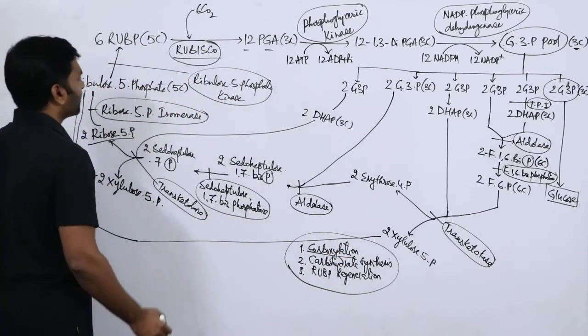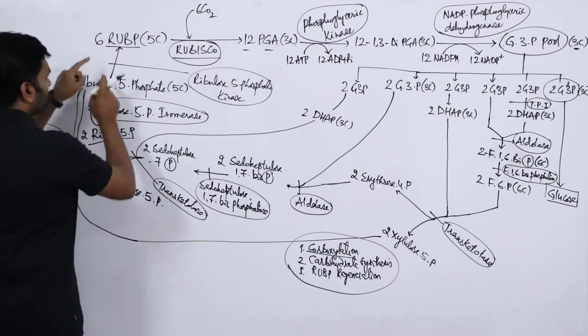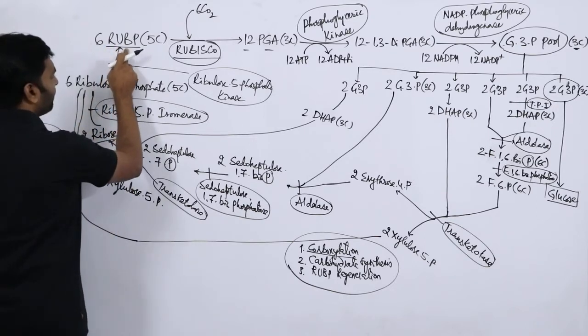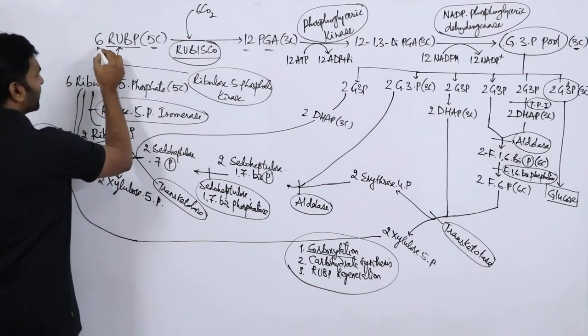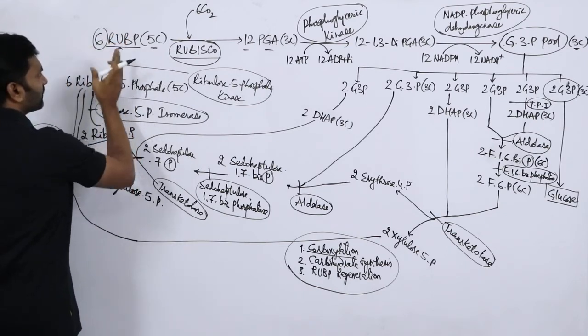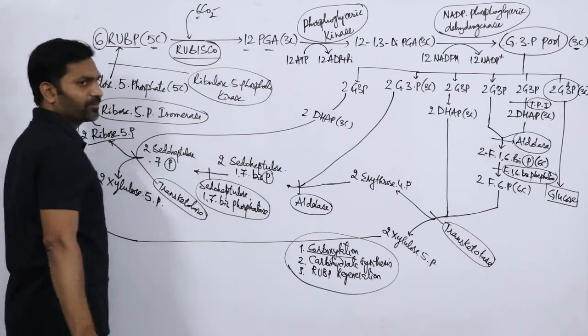Just have a look. This is RuBP, ribulose 1,5-bisphosphate, basically a 5-carbon compound. I am taking 6 moles of RuBP, which combines with 6 moles of carbon dioxide.